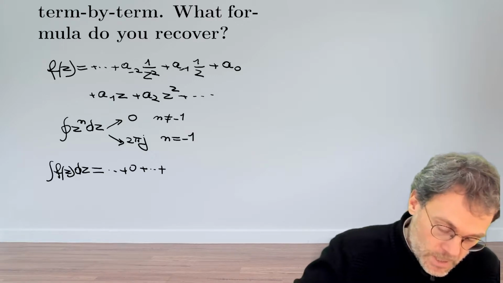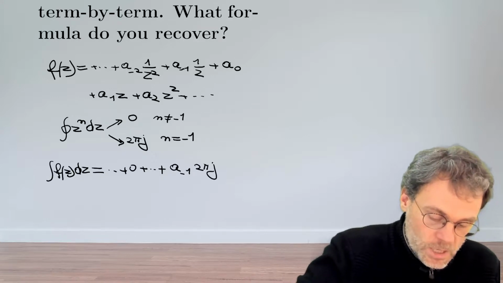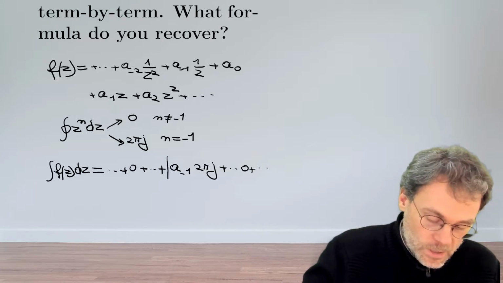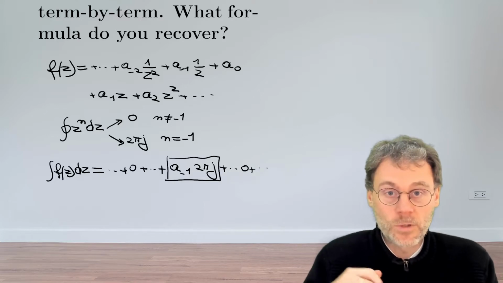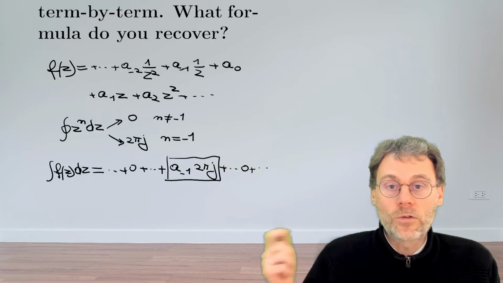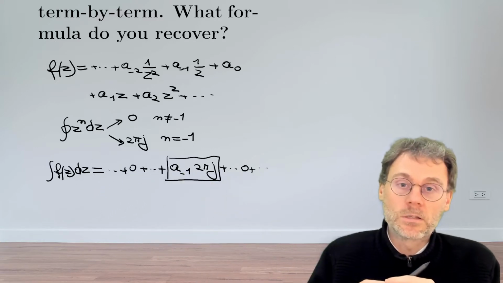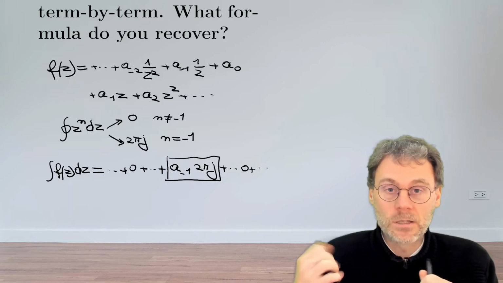So this will be a_{-1} 2 pi j, and then also for the other terms it's always 0. So the only thing that we're left with is this term related to 1 over z, which is precisely, of course, where the definition of residue comes in. So if we do this integration, we basically end up in a slightly different way with the residue theorem of a function having an isolated singularity.